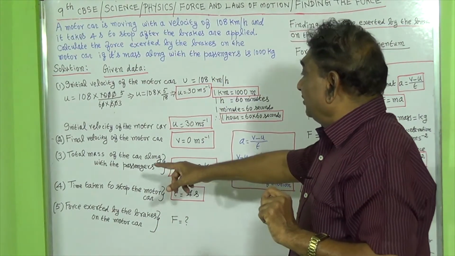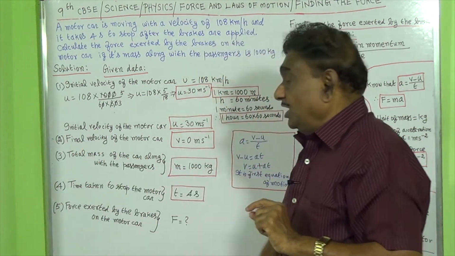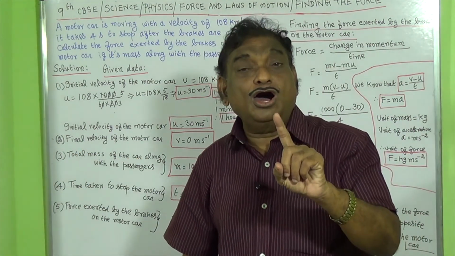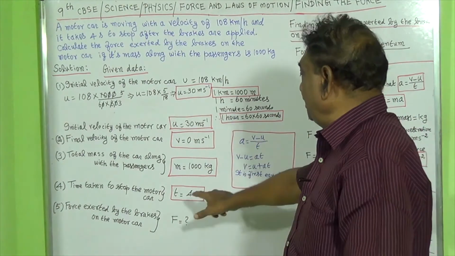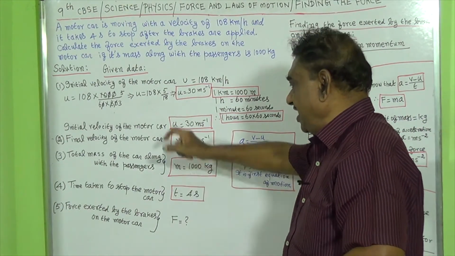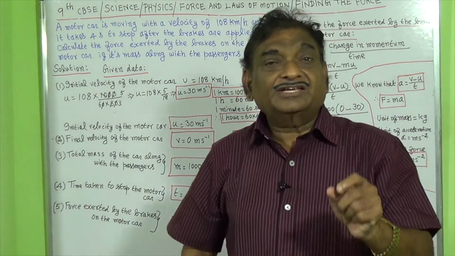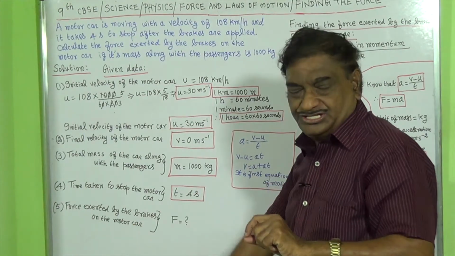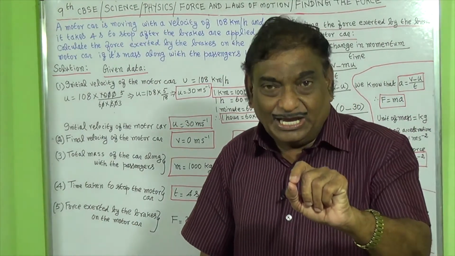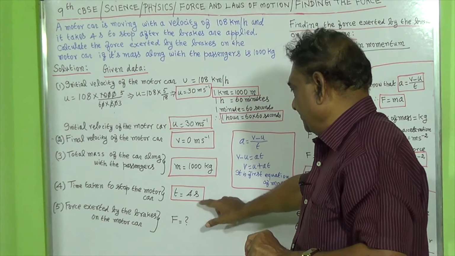Then the third data given is the mass of the car along with the passengers, which is 1000 kg. Then the time taken to stop the motor car is provided as 4 seconds.